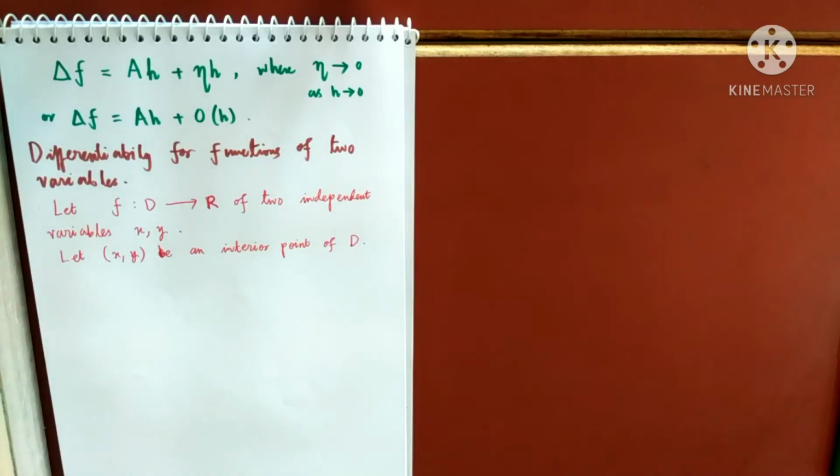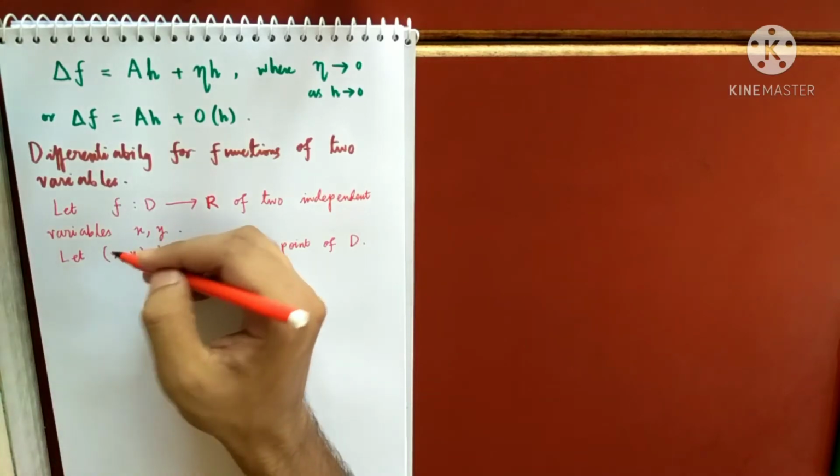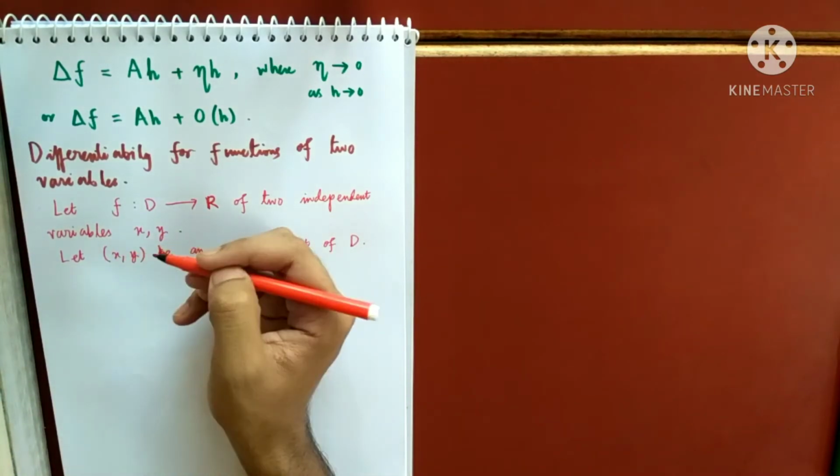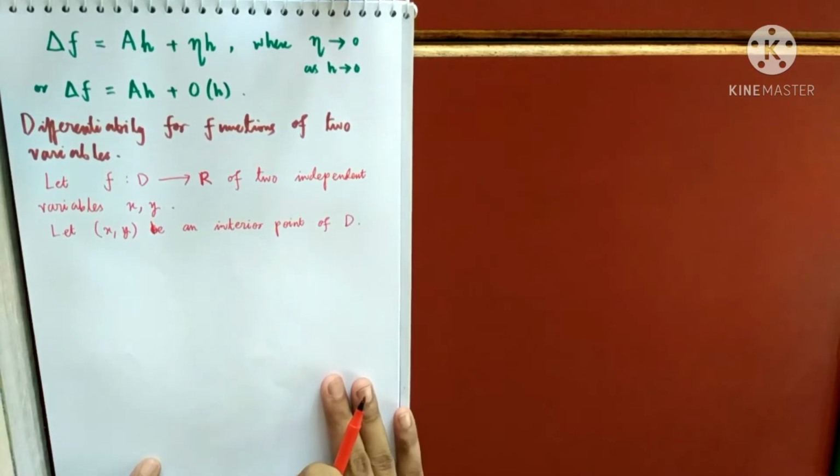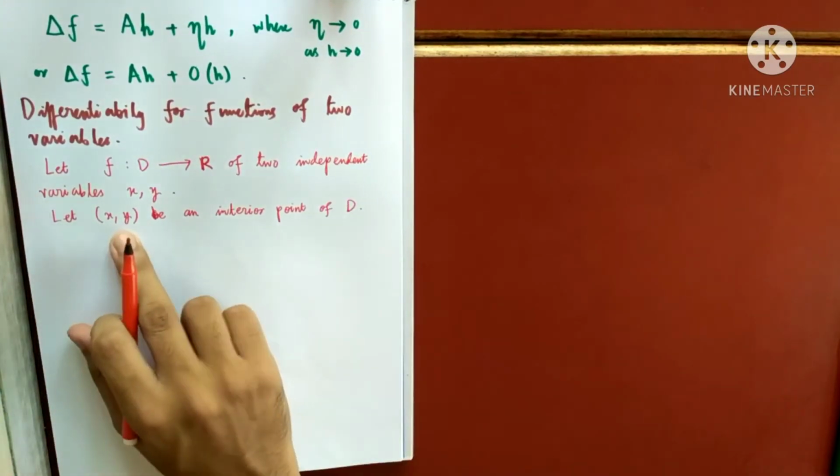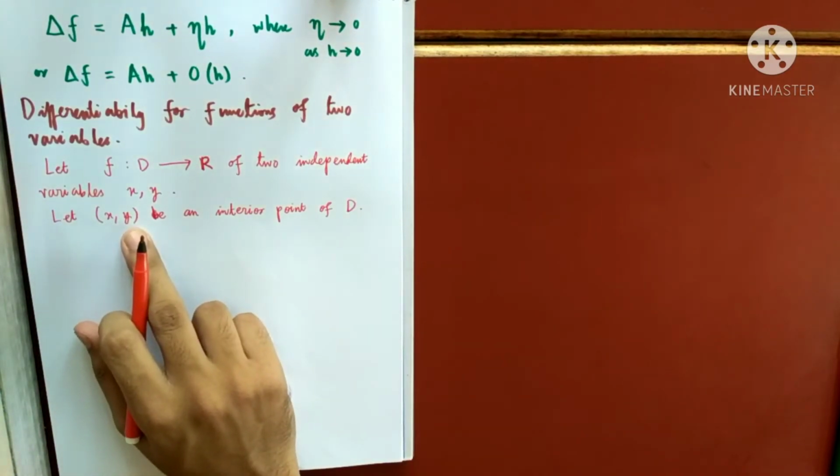You can take a comma b also if you are not very convinced with x comma y. Doesn't matter, that is up to you. I hope you have no problem taking x comma y. Again I'm repeating.